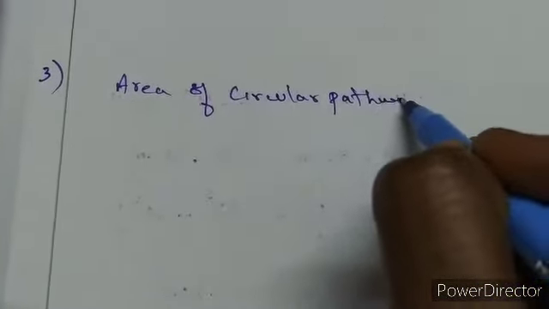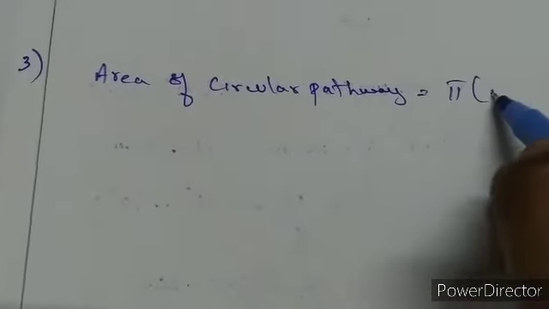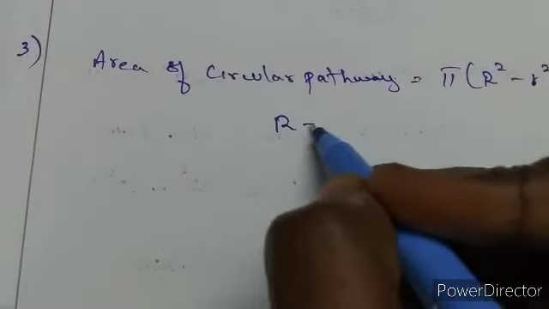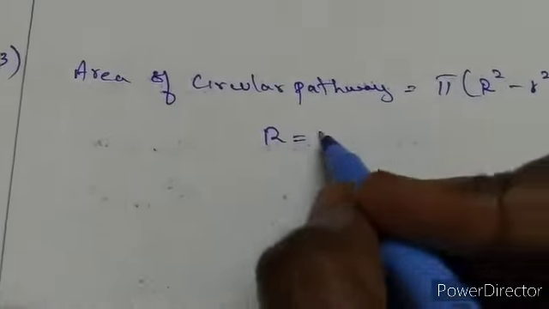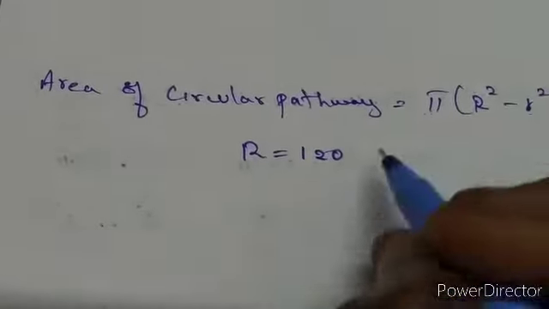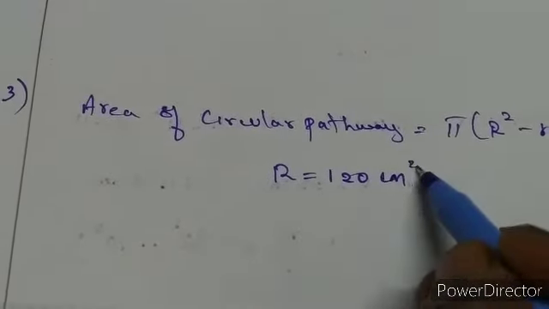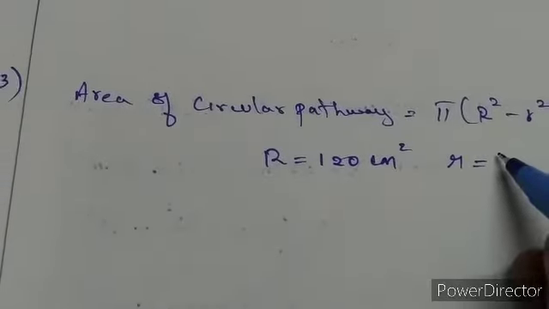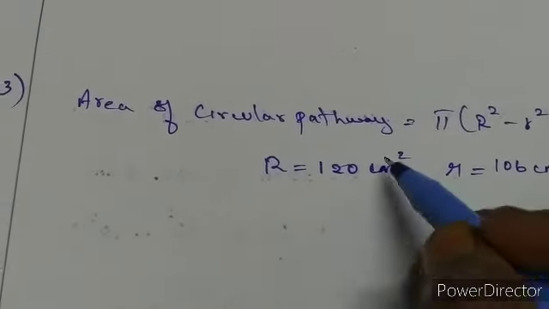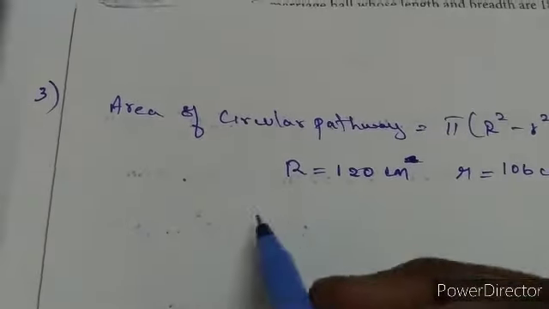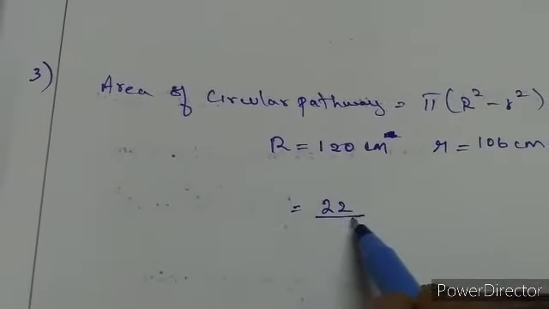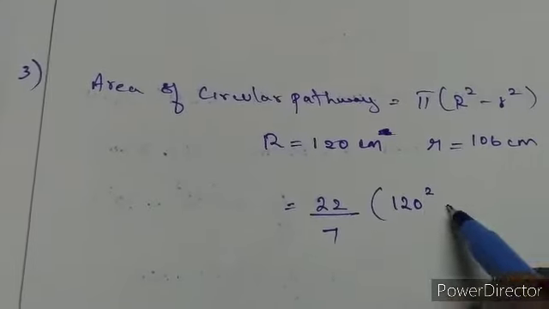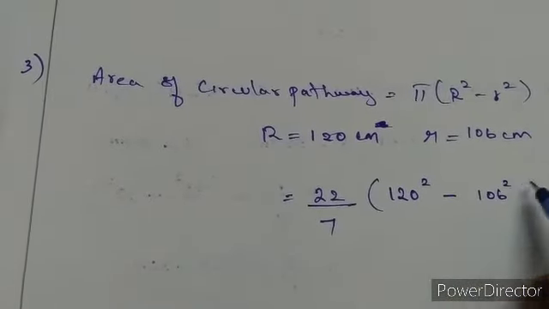The formula is pi capital R square minus small r square. Capital R, which is given in the question, is 120 centimeter, and the small r, that is the inner circle radius, is 106 centimeter. Sorry, square will not come, centimeter. Now pi value is 22 by 7. R square, 120 square minus 106 square.